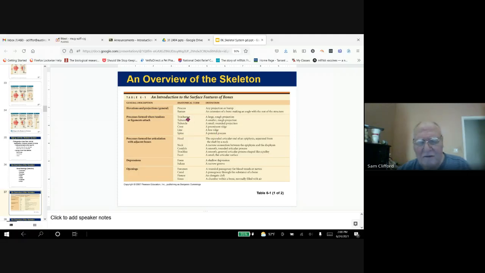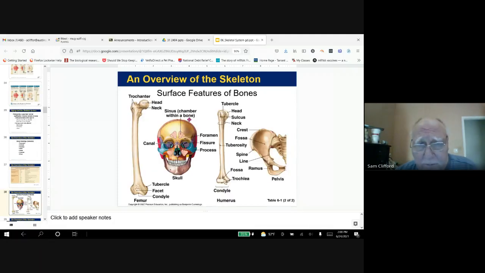In WebAssign, you'll have to identify various markings and parts of the bone. All these markings, like a tubercle, a tuberosity, a fossa, a crest, a spine, a line, a hole, are special structures formed in bone to allow attachment for tendons and ligaments, because the joints will be held together.